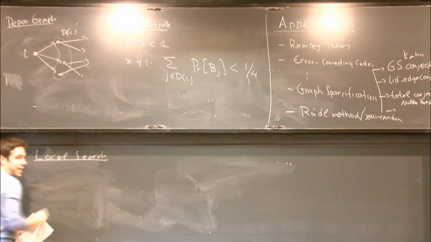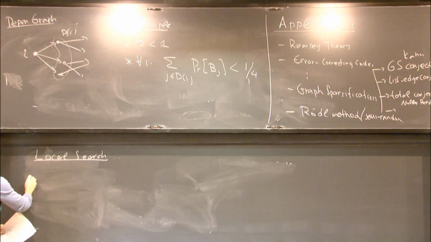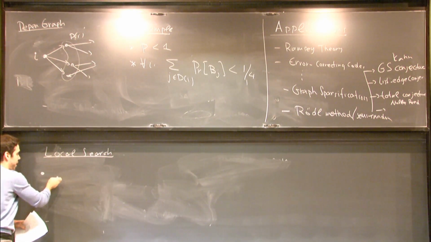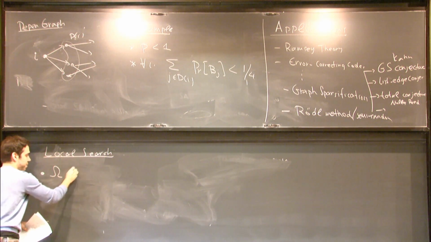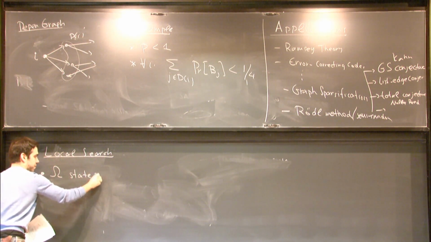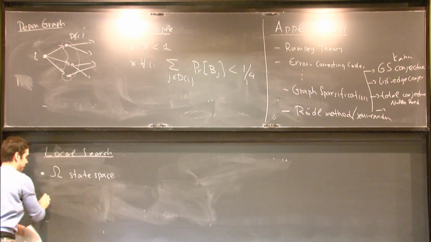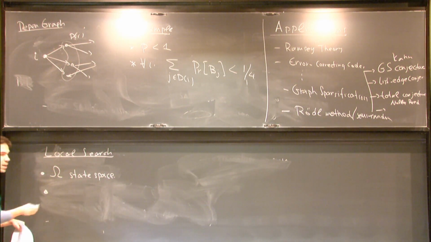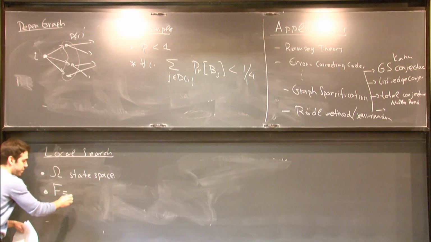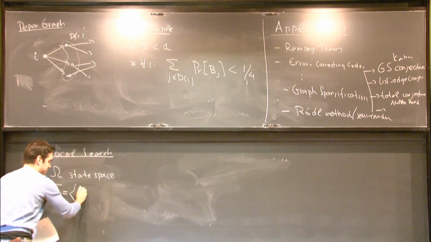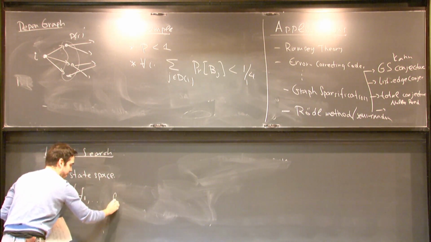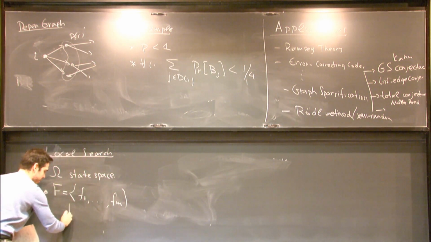And it's a general class, and it's as follows. So imagine that we have a state space omega. And in omega, we have a family of subsets of omega. Okay, we call them flaws.